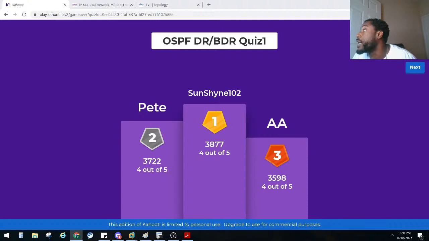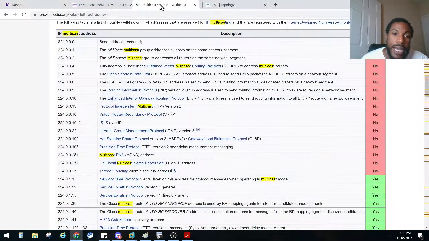This is Wikipedia. Wikipedia is pretty resourceful, and I kind of trust it.